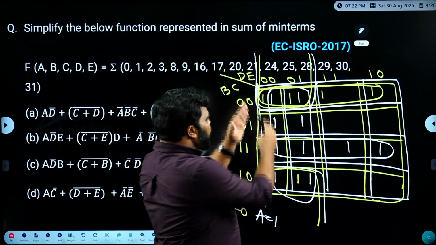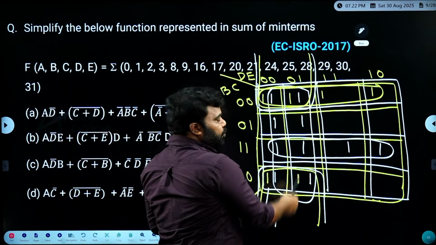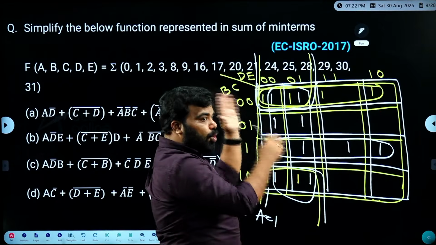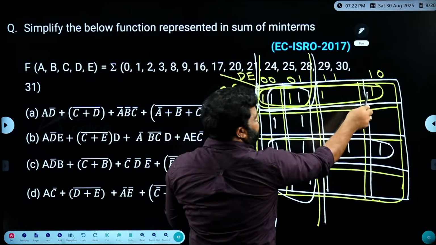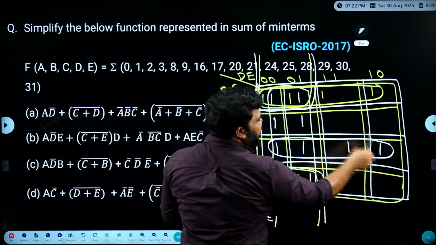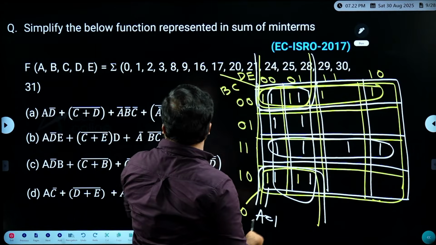One octave is only from A equals to 1 and another octave is from both A equal to 0 and A equals to 1. There is a quad from A equal to 0, there is a quad from A equals to 1. Now let me write the expression here.